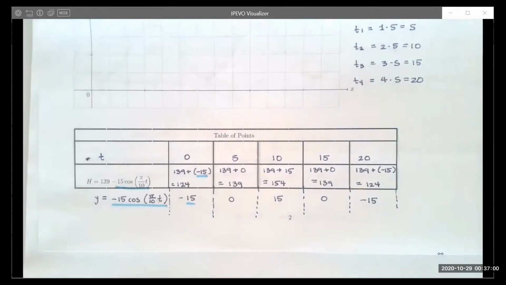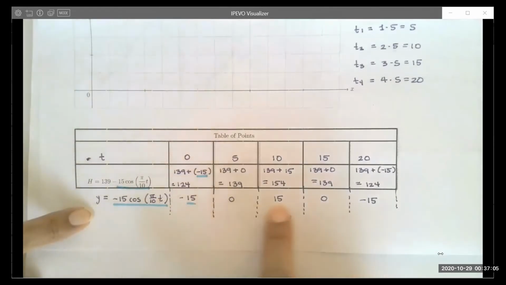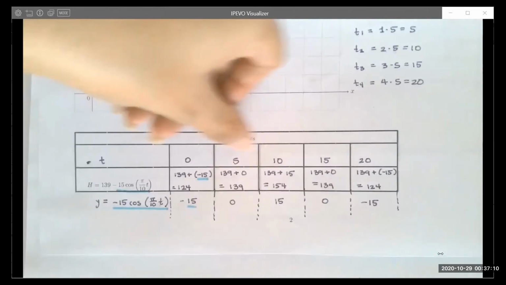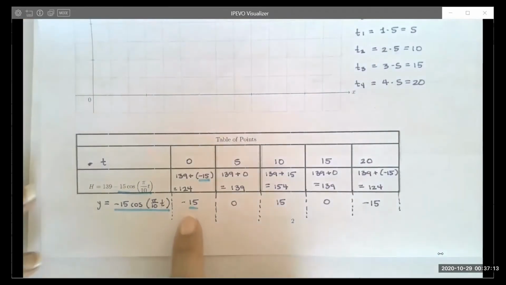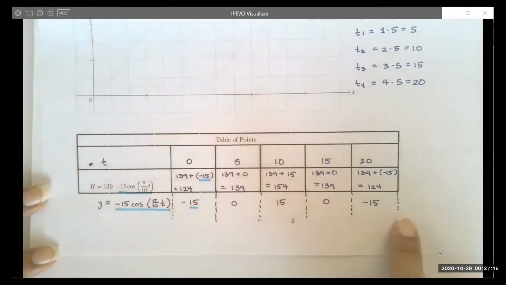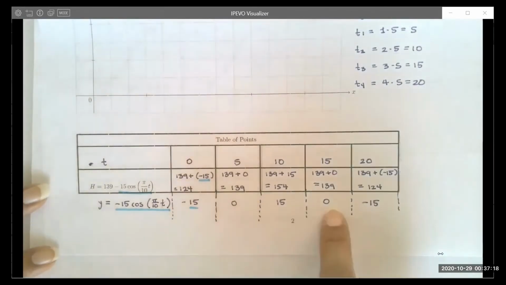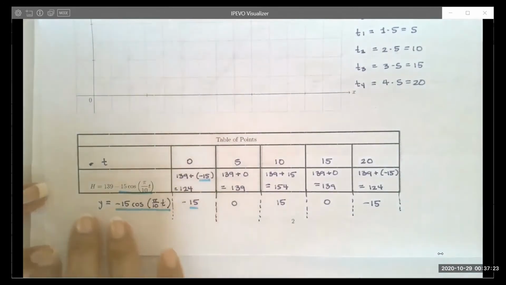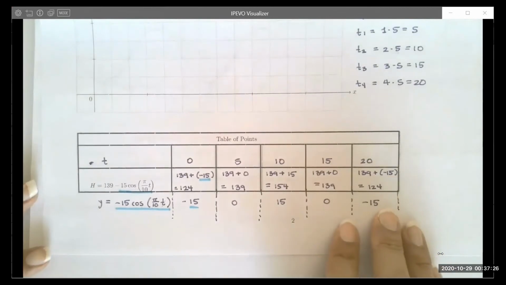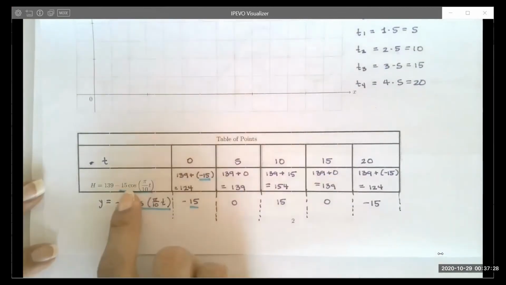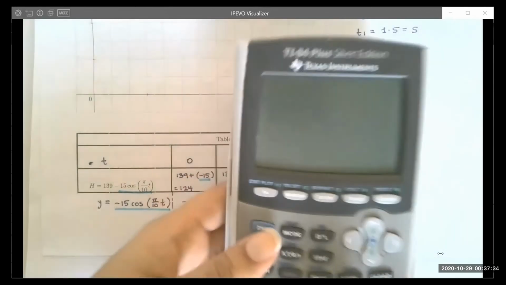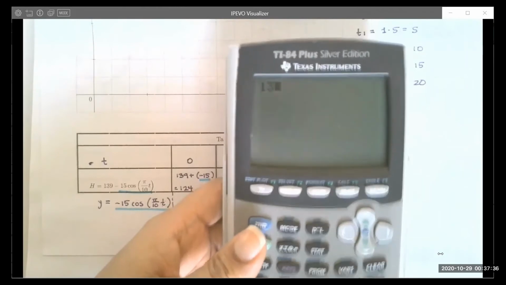Again, let me just reiterate. The only reason why I performed this step was because I wanted to be convinced that these t values, we chose them so that this graph is oscillating correctly, meaning so that we reach zeros and peaks and lowest points. I could have completely skipped over this step and simply plugged it into the h equation. If you prefer to do that, you can just use your calculator, or you can also do it by hand.